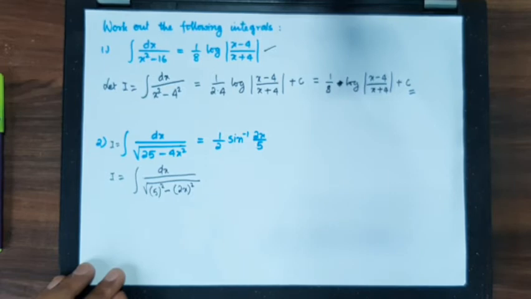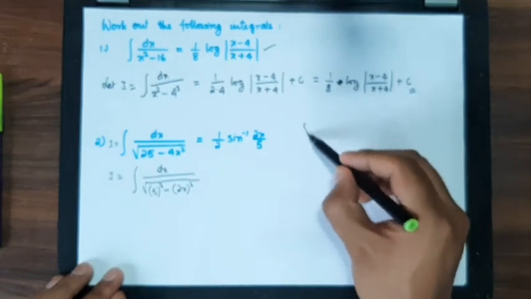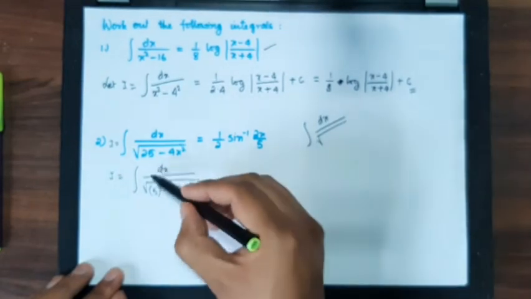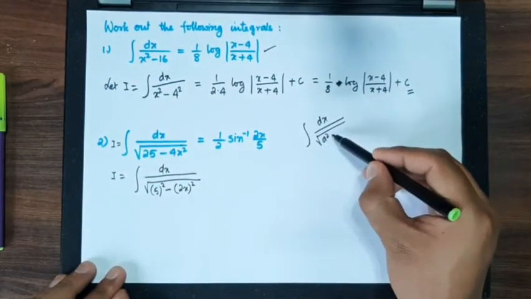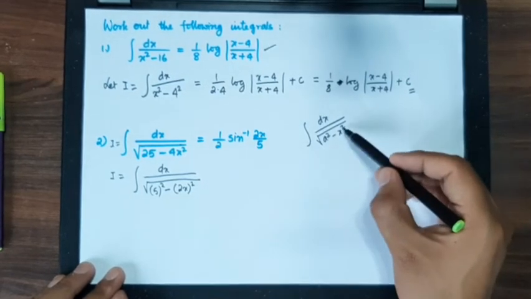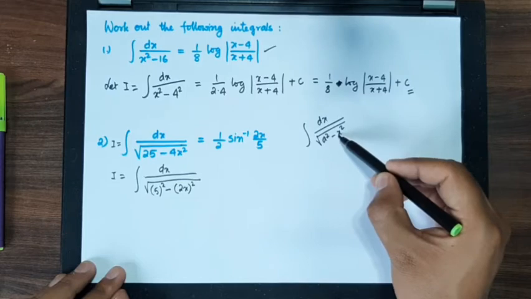Now if you see the formula, this is matching this one, that is integral dx by square root of a square minus x square. But here if you see, we have x square, that means the coefficient of x square is how much? It is 1, right?